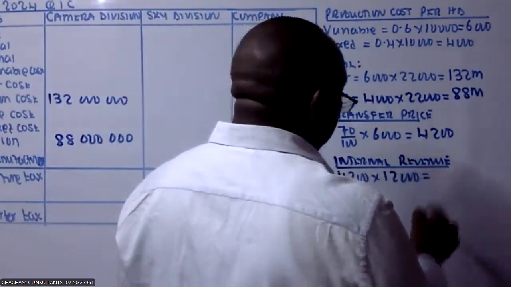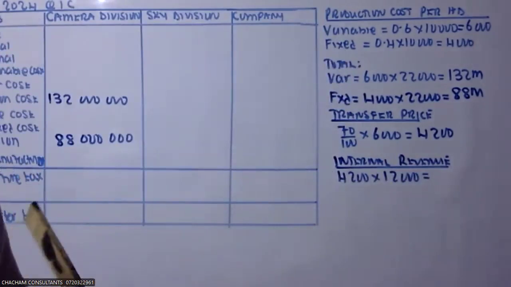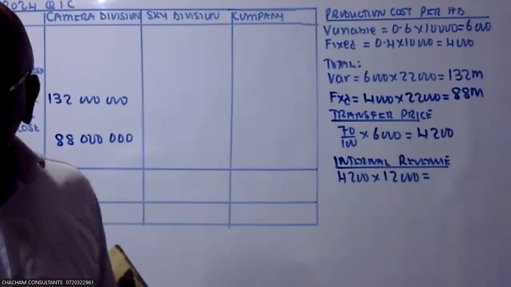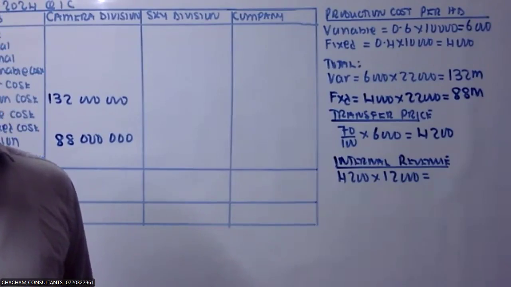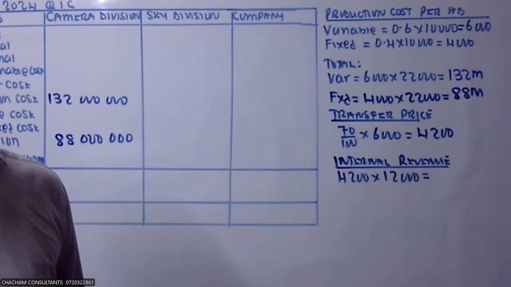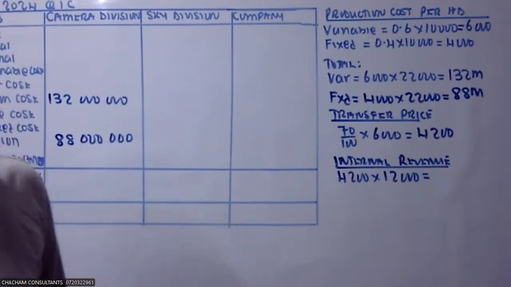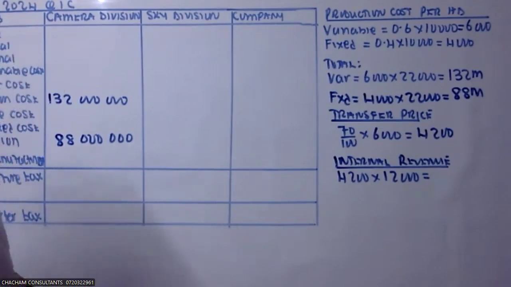So if you multiply that, 4,200 times 12,000, it's coming to $50,400,000.